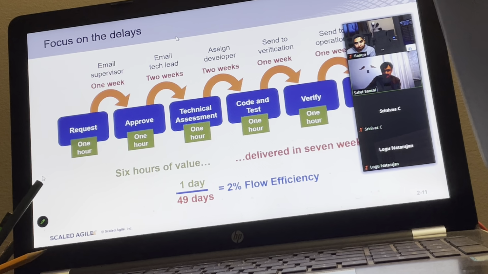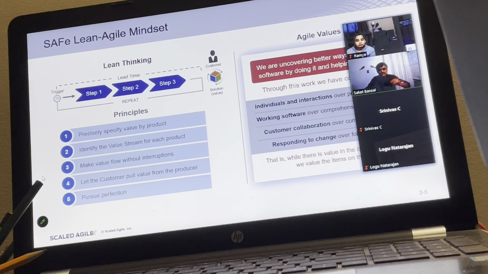Good. So we understood something called lean thinking. Now, what was the purpose? The whole purpose was to make you understand these 5 principles of lean.